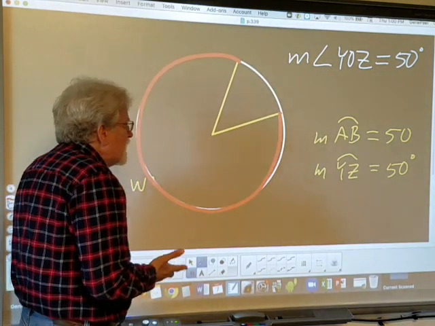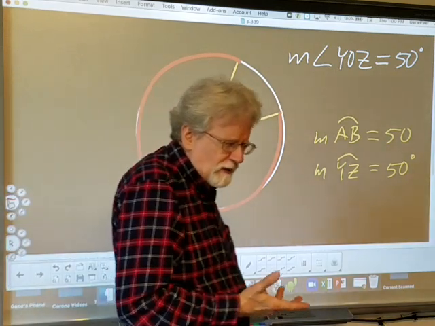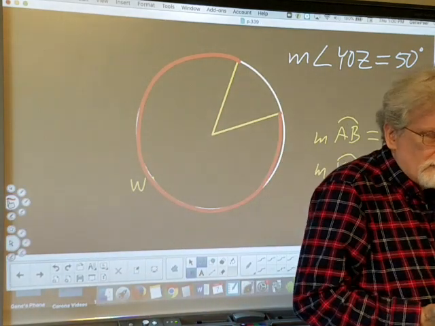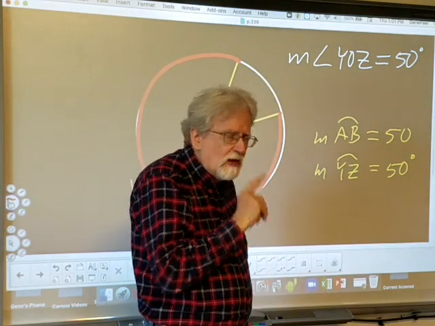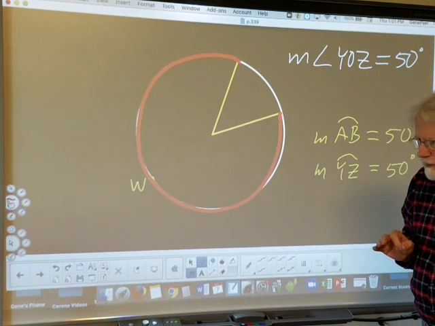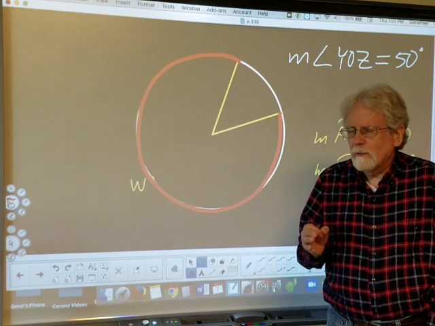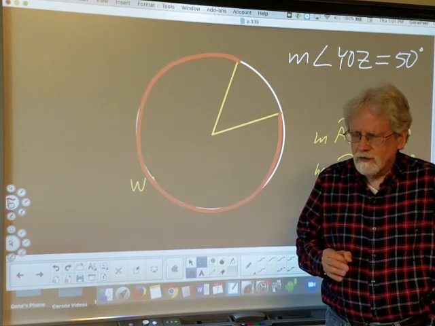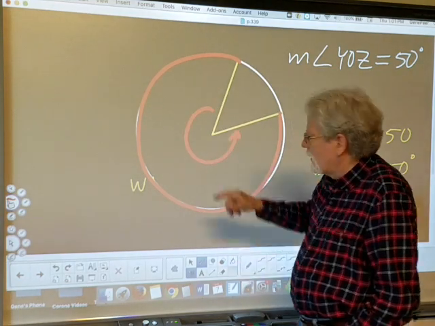Can we say that it's equal to the measure of its central angle? Well, not really, because in this geometry, unlike trigonometry when you get to pre-calculus, we have agreed back in chapter 1 that angles are always less than or equal to 180 degrees. There's no such thing as an angle whose measure is more than 180.